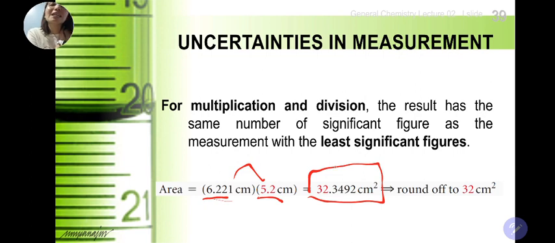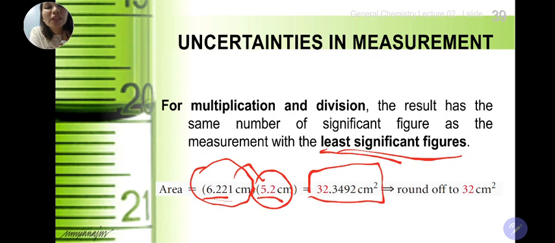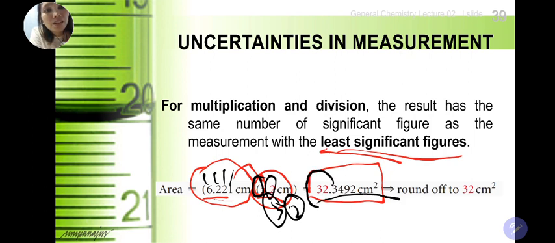Sa final answer natin, hindi natin ire-report lahat tong 32.3492 cm cube. Hahanapin natin dun sa dalawang given natin kung alin yung merong least significant figures. So, in this situation, 5.2 has 2 significant figures, while 6.221 has 1, 2, 3, 4. So, ang susundin natin is yung 2 significant figures. Matitira dun sa answer natin is ito lang, 32.